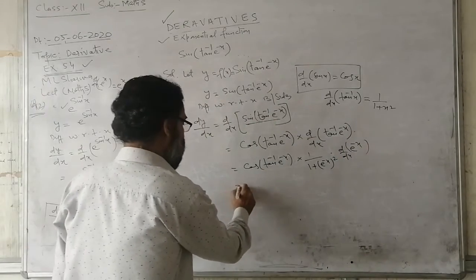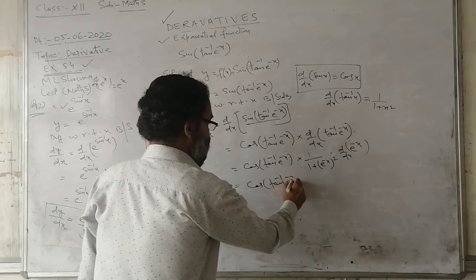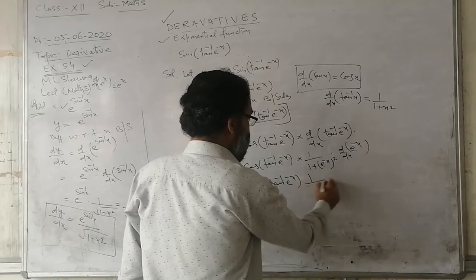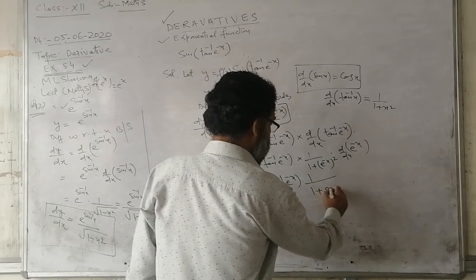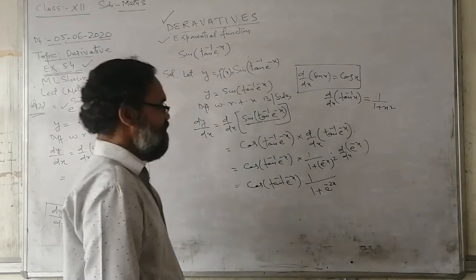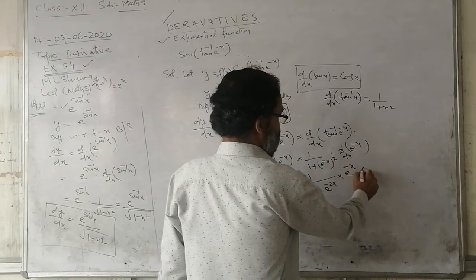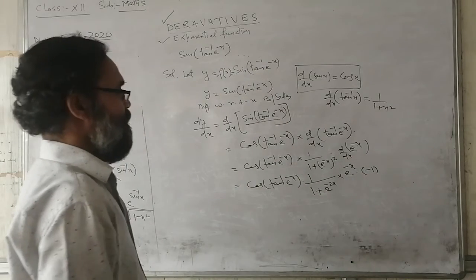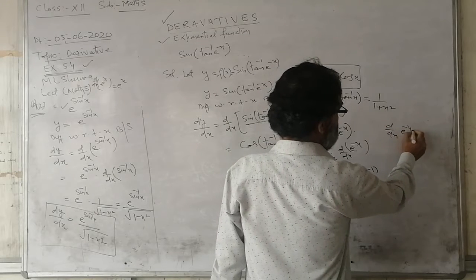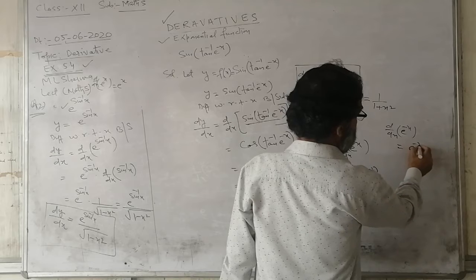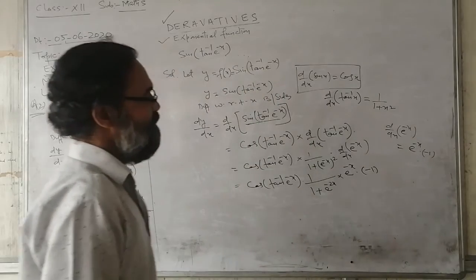So this will further equal to cos of tangent inverse e raised to minus x into 1 upon 1 plus, if you take its whole square it will be e raised to power minus 2x, and its derivative will be e raised to power minus x into minus 1, because d upon dx of e raised to minus x is equal to e raised to minus x into derivative of minus x, that is minus 1.